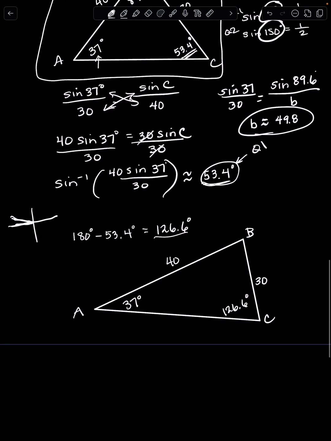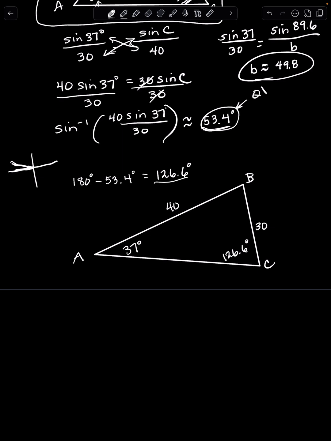Now just going on, separate triangle. I created a whole other triangle with the angle from quadrant 2 as my possibility. So when I subtract those two angles from 180 to get angle B, I get angle B is 16.4 degrees. Right?